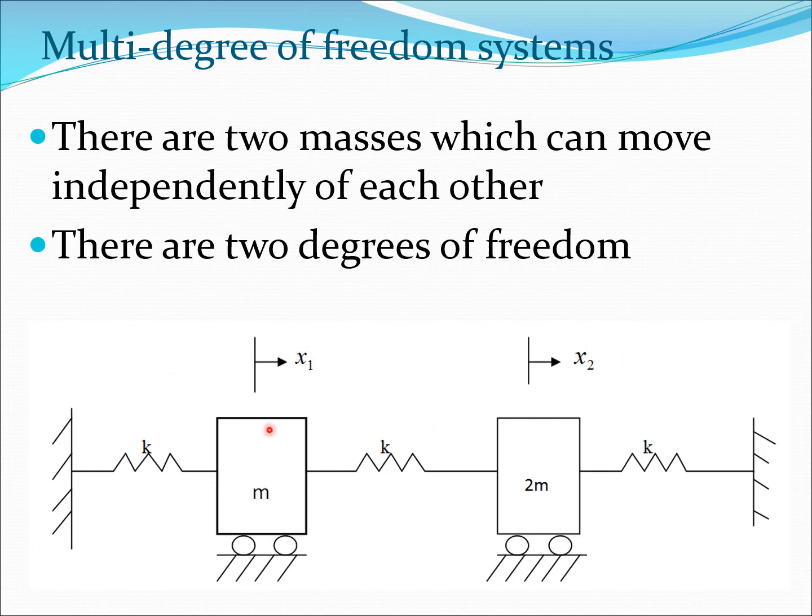So in general, we can say that when we have two masses like this, there will be 2 degrees of freedom for this system. And these degrees of freedom are described by x1 and x2, as shown here in this figure. So this is a 2 degree of freedom system, with the degrees of freedom being x1 and x2.